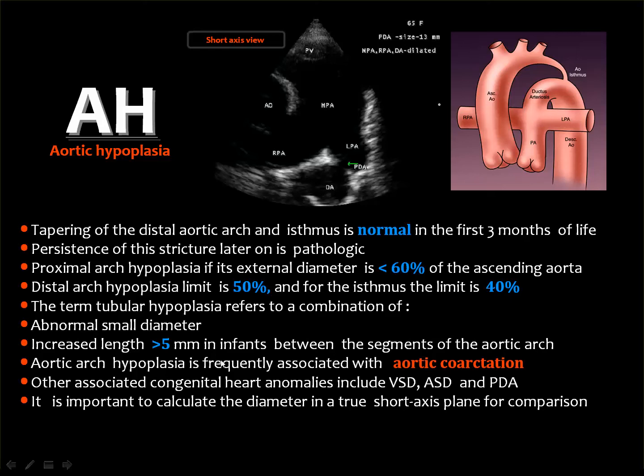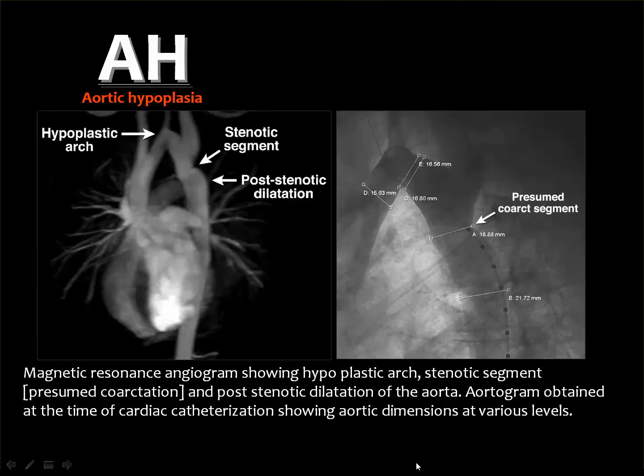Then the hypoplasia may be associated with other cardiac anomalies like VSD, ASD, and patent ductus arteriosus. Sometimes in echocardiography you should use this short axis view, which enables you to see the site of the connection between the aorta and the pulmonary artery, indicating the presence of a patent ductus arteriosus.